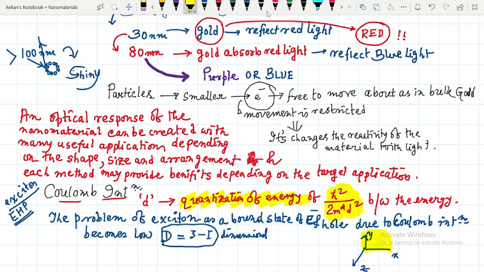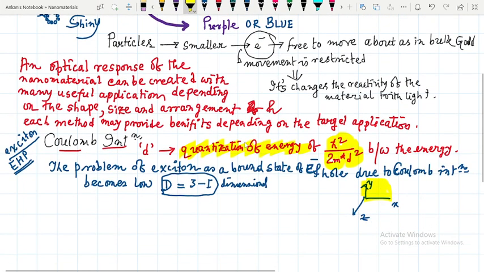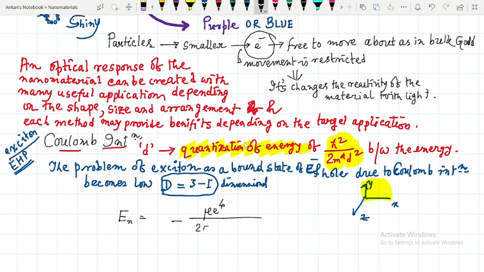Then the 2D Coulomb problem will give some energy of En equal to minus mu e to the power 4 divided by 2 epsilon square h bar square, n plus half whole square, where n is the nth state, nth energy level.